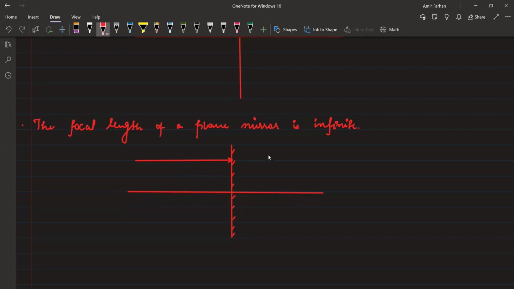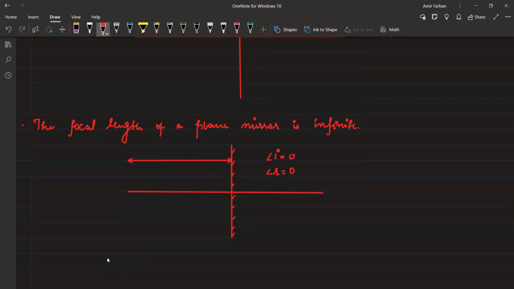Okay. So if the angle of incidence is equal to zero, what will be the angle of reflection? Zero. It means that if light is coming in this direction, it will retrace its path. Yes or no? If it is coming in this manner, it will go back in the same direction itself.